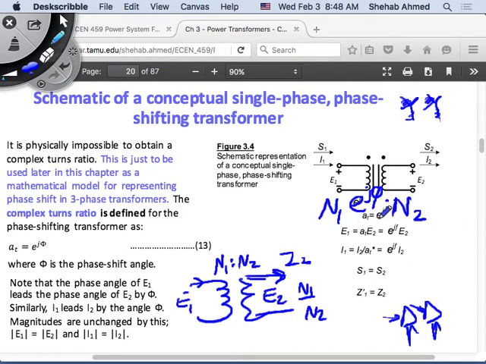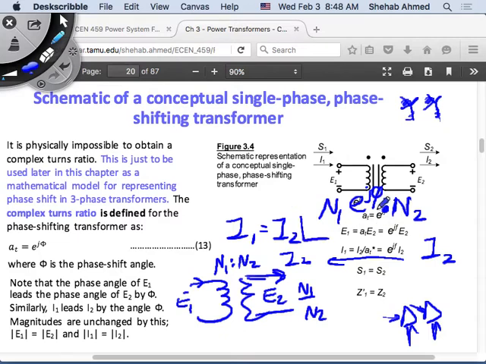What does this mean? If I have current on the secondary side equal to I2, what will the current on the primary side look like? I1 is, if it's an ideal transformer, going to be I2 divided by the turns ratio. Same thing here, it's I2 divided by the turns ratio, but in this case, the turns ratio has an angle.